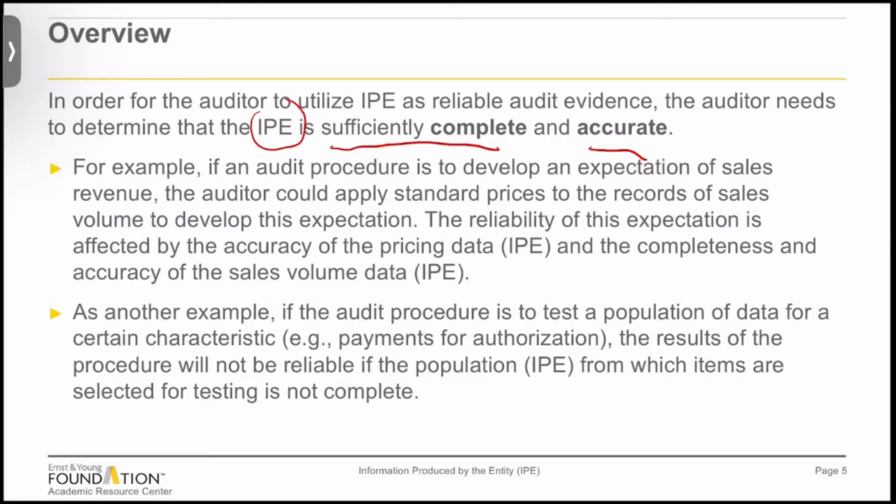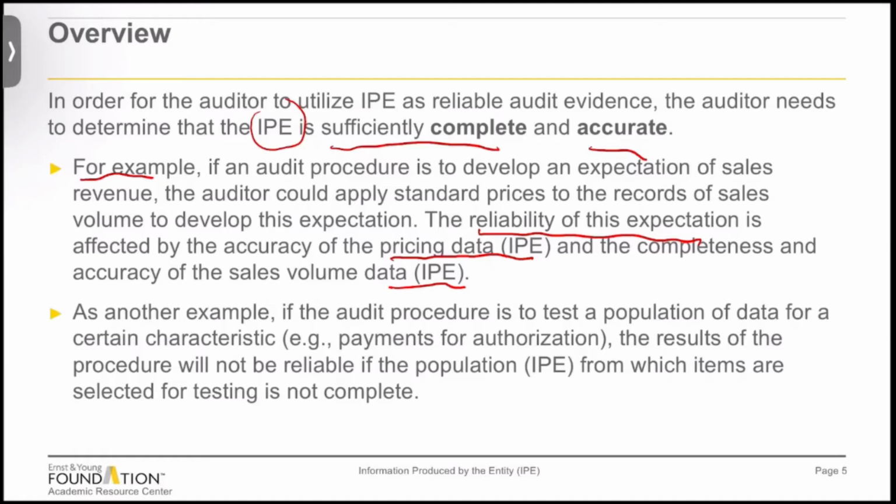will all revolve around the completeness and the accuracy of the information provided by the entity. In addition, if an audit procedure is to develop an expectation of sales revenue, the auditor could apply standard prices to the records of sales volume to develop this expectation. Therefore, the reliability of this expectation is affected directly by the accuracy of the pricing data, which is an IPE, and the completeness and accuracy of the sales volume data, which is another IPE.